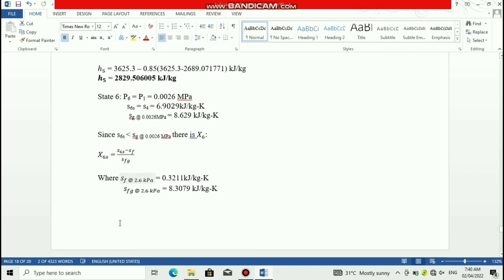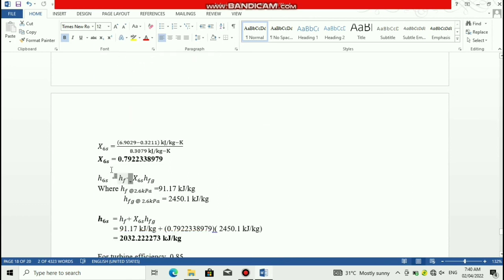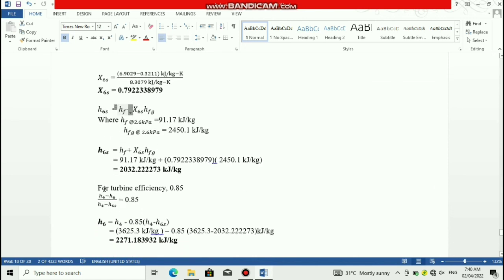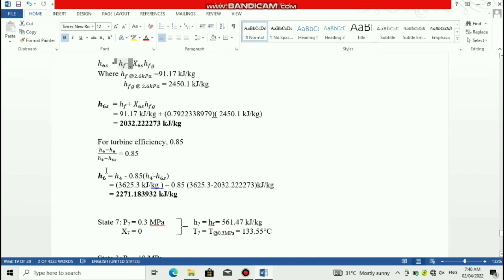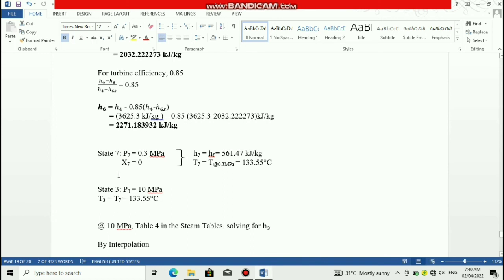So using this formula, we can get the value of X6, which is 0.7922338979. Using the value of the quality, we can proceed to get the value of H6S. This is the value of H6S. Then we use the turbine efficiency and this formula, we can get the value of H6, which is 2271.183932 kilojoules per kilogram.